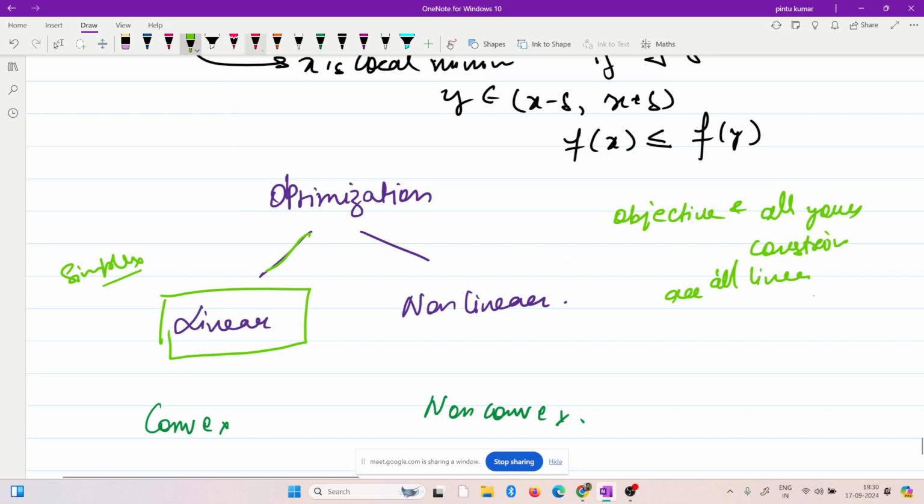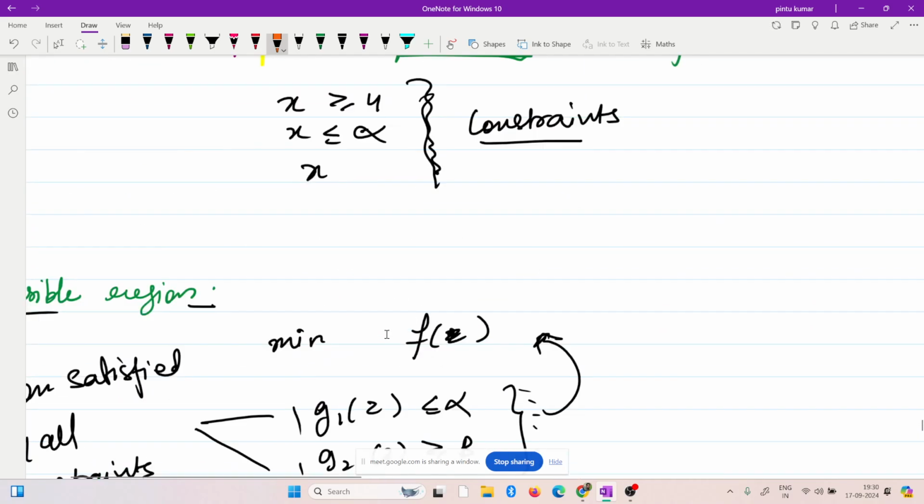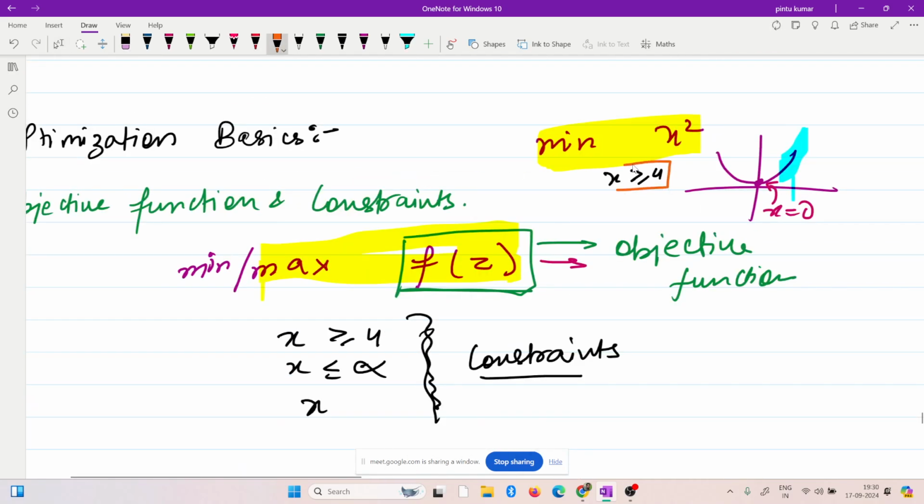And if either your objective or any of your constraints is non-linear in nature, for example, in my constraint I said over here that my x is greater than or equal to 4. This is a linear constraint, but my objective function was non-linear. Or I could have an optimization like this with the square root of x.